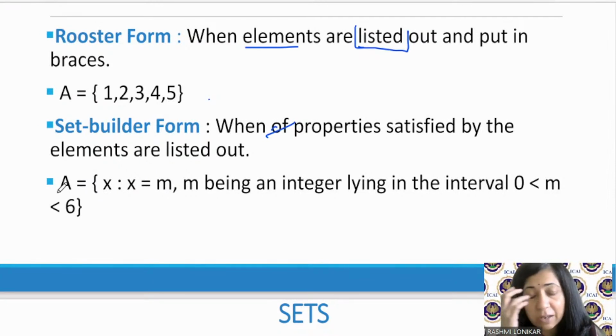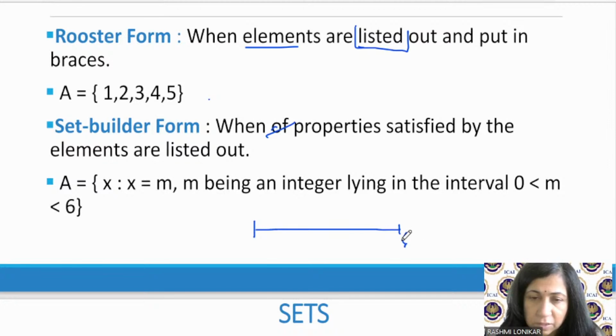For example, here we are taking, let A be the set of x such that x is equal to m, m being an integer lying in the interval 0 to 6. So in my number line, this is my 6 and this is my 0.